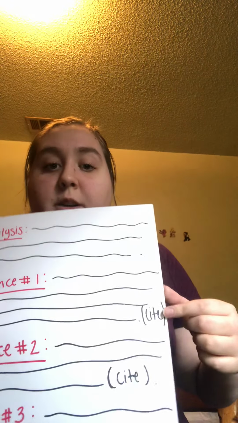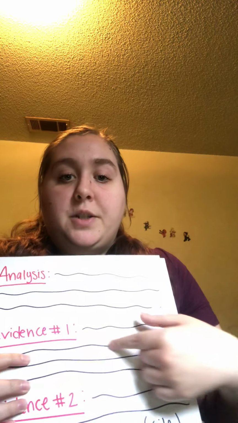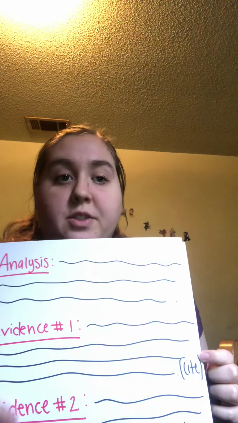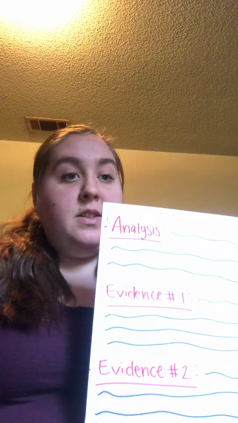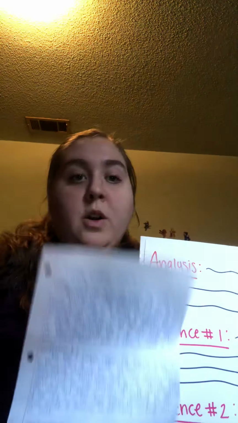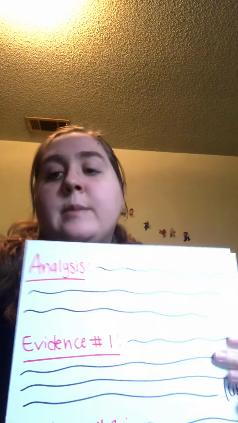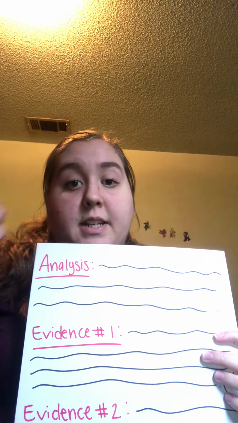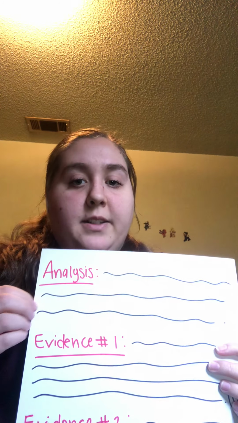And over here we're going to cite them. After you find your evidence, you have to make sure to cite it. And then on a separate piece of paper, we made our justifications for these evidences. So what that means is we explained how this evidence is supportive of our analysis and how it's really strong.